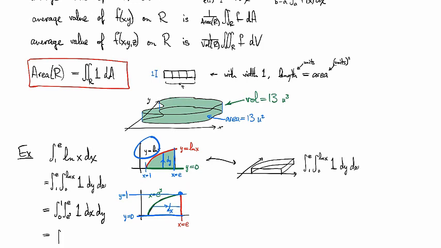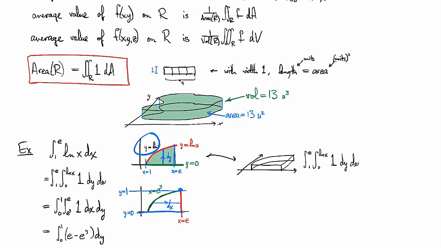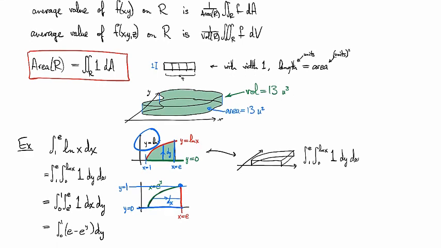So this is the integral from 0 to 1. And then evaluating the inside there, I have e minus e to the y dy. And then the exponential function is everybody's favorite one to integrate because it's really easy, nothing happens, right?